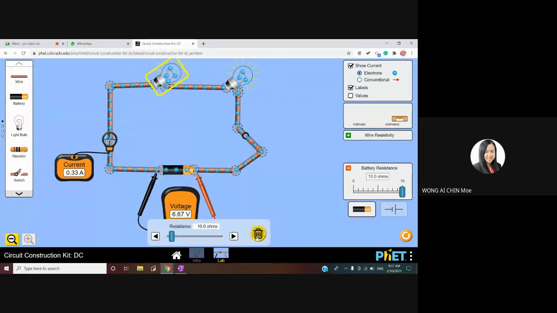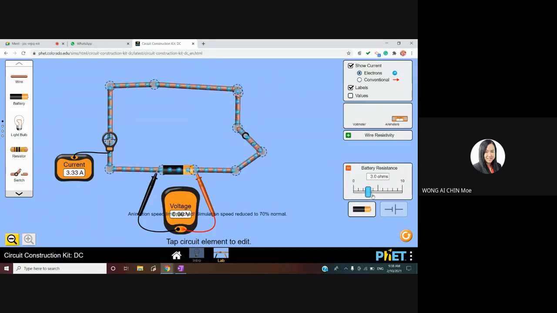If there is no external resistor, why can my circuit not move? Because you see, it is disconnected, so I connect it back. When I connect back, what you can see is that this one is 0.